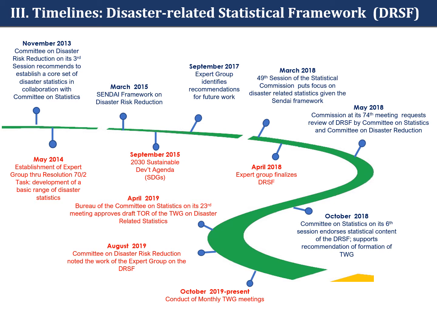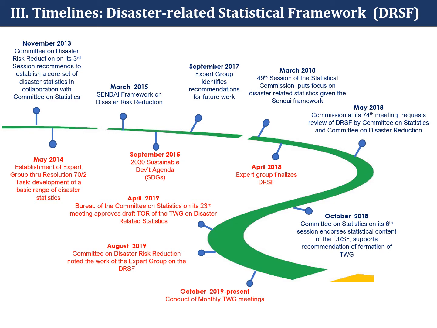In the following year, in May 2015, the Sendai framework on the DRR was adopted in the World Conference, which calls for the development of disaster statistics at the local and international level. And by September of that year, the 2030 SDGs were adopted by all member states.